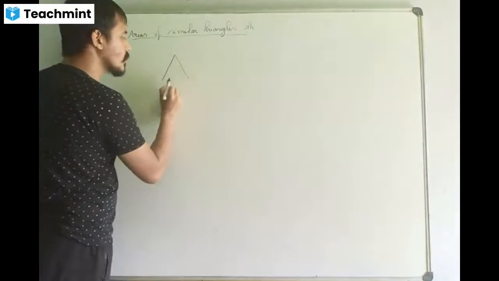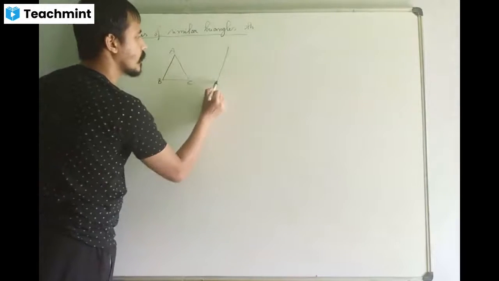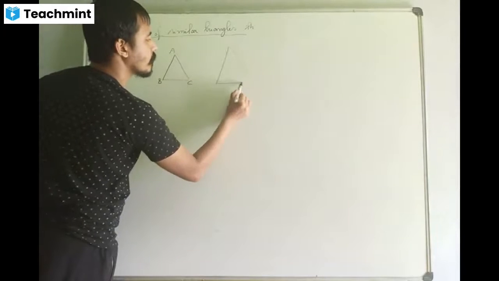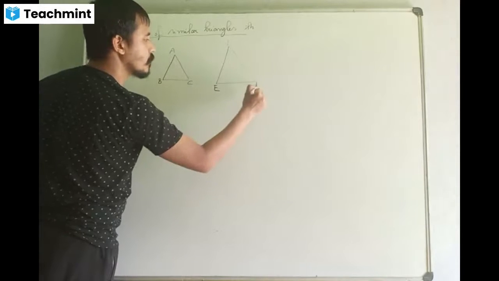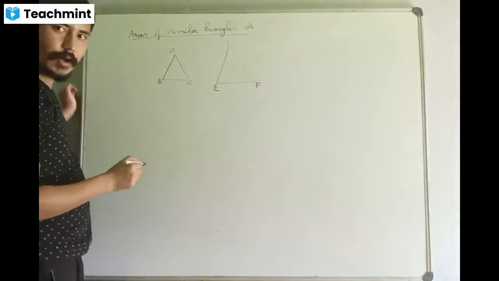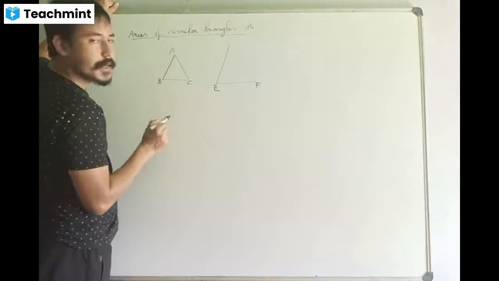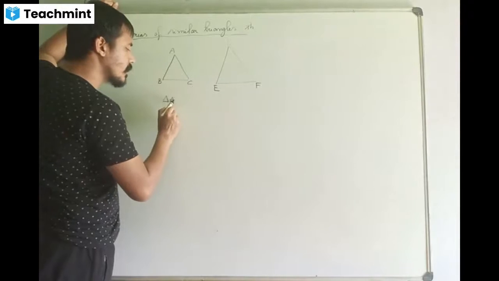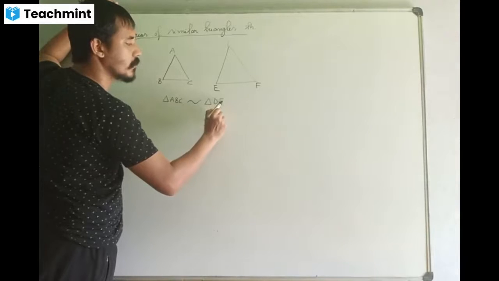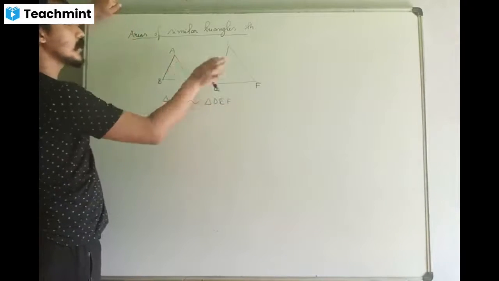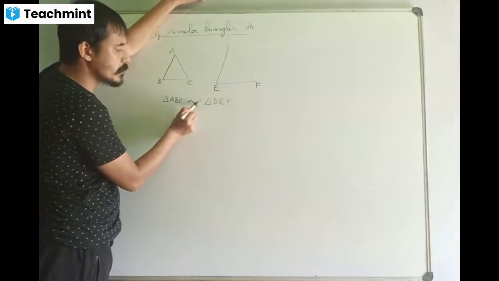Suppose you have two triangles, ABC and DEF. Now, if it is given that this triangle ABC is similar to this triangle DEF, here, this is the symbol for writing similar.